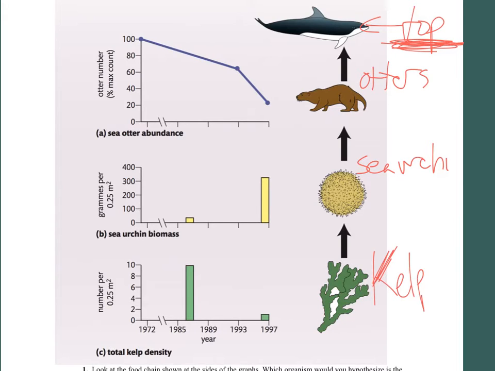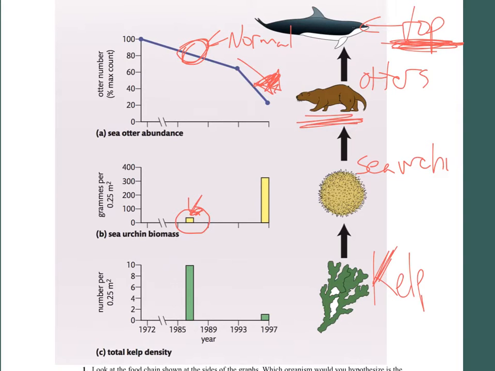So if we look at the otter, what happens when the population of the otter decreases? Here we have a low sea urchin count. Otters eat sea urchins. So when otters are high, sea urchins are low, and this would be a normal range.